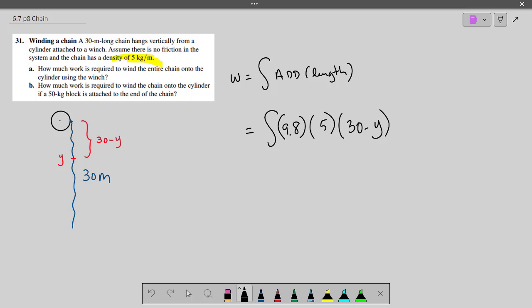And then length, just the dy. We integrate from 0 to 30. How's that look? Makes sense?